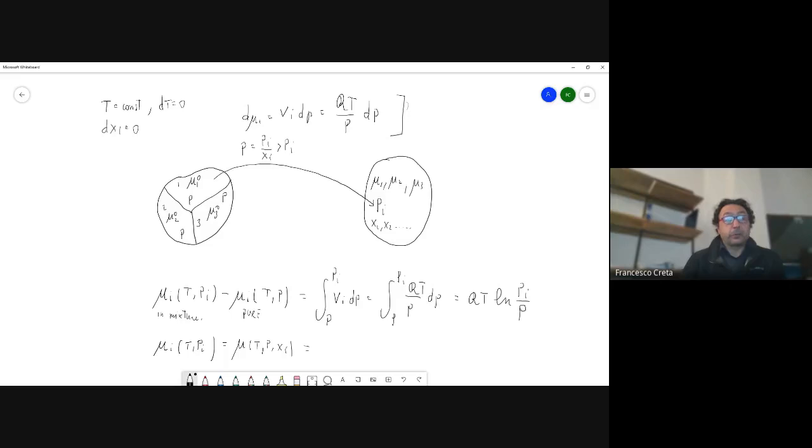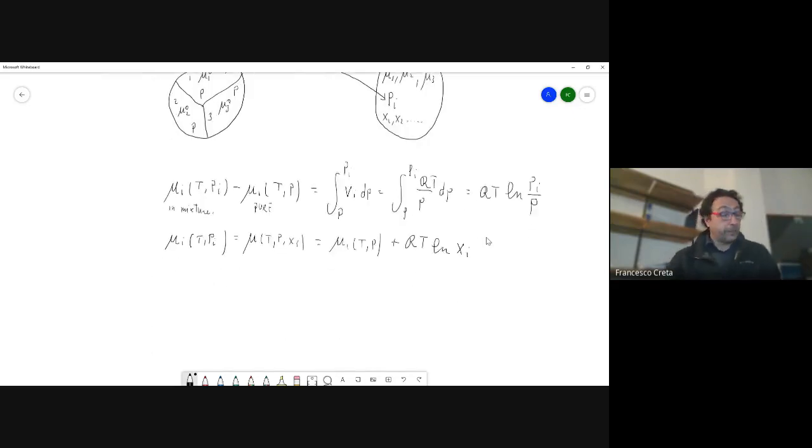And, well, this is equal to, we'll put this over on the other side, the pure chemical potential. So the chemical potential in its pure state, where it's not mixed, plus RT logarithm of this ratio, pi over P, which is nothing but xi, okay? Why is this pure? Clearly, you can see it from here.